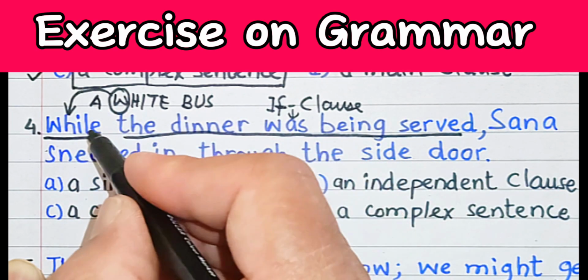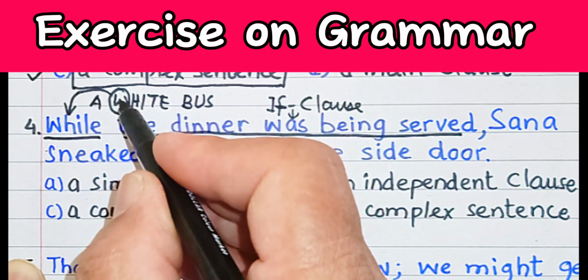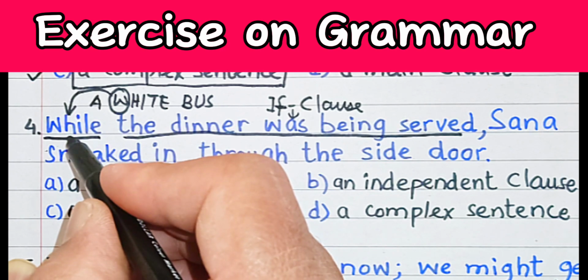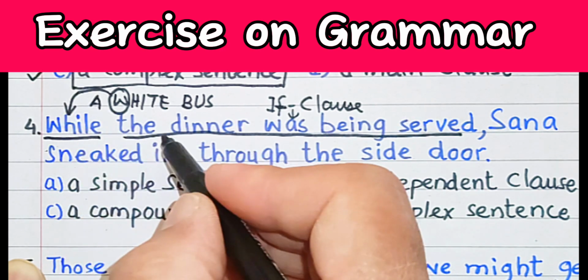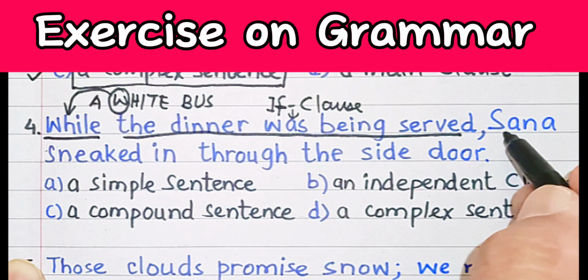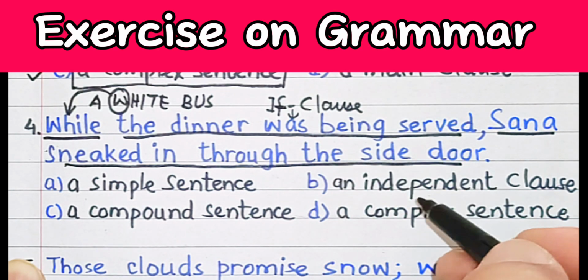Why do we call it a subordinated clause or if clause or dependent clause? Because W out of a white bus represents while, and this is a subordinating conjunction. So this subordination is used, that is why this is a dependent clause. So once there is an independent one, that one is Sana sneaked in through the side door.